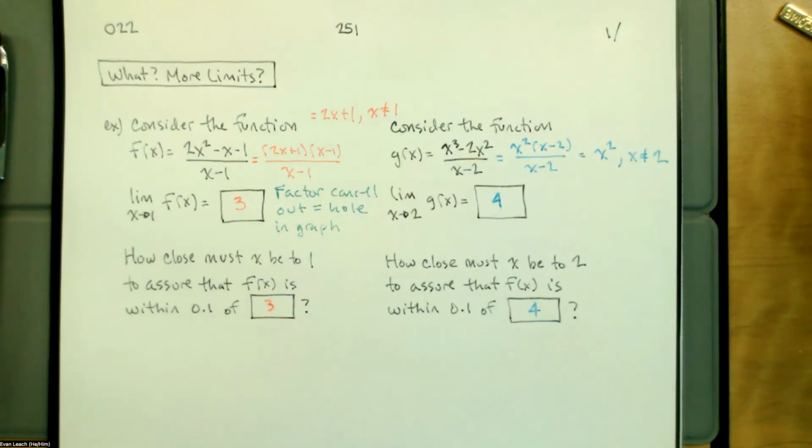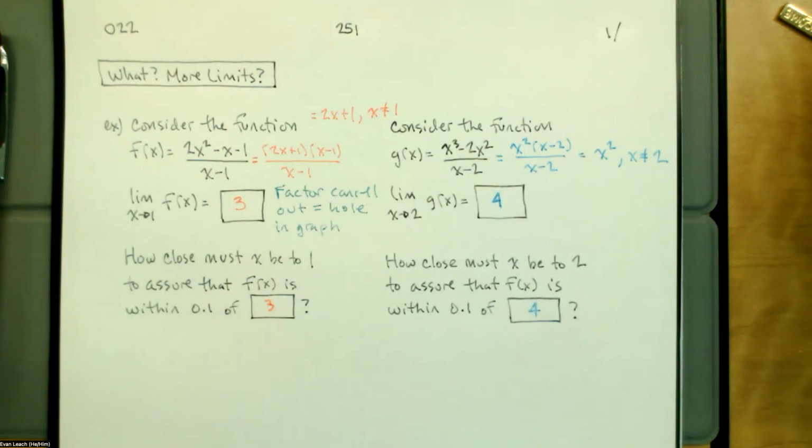The definition of a limit says, the limit as x approaches c of f of x equals L if and only if, for every positive epsilon, there is a positive delta such that x being within delta units of c implies f of x is within epsilon units of L.